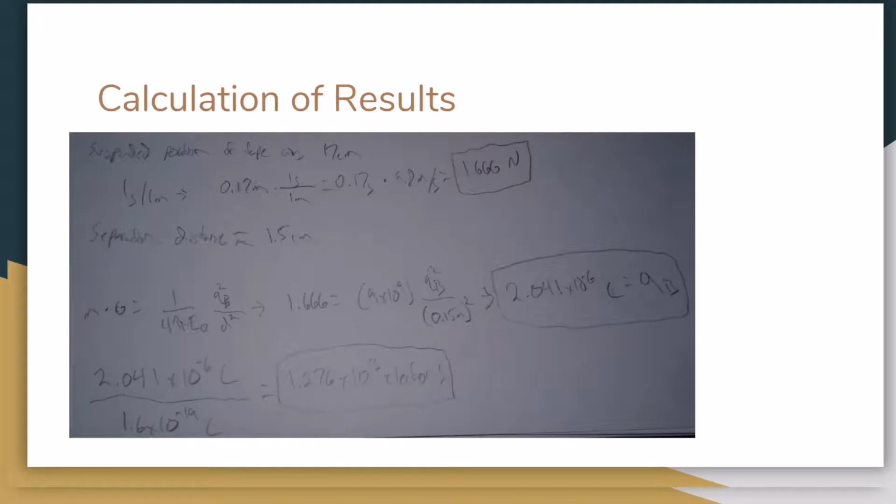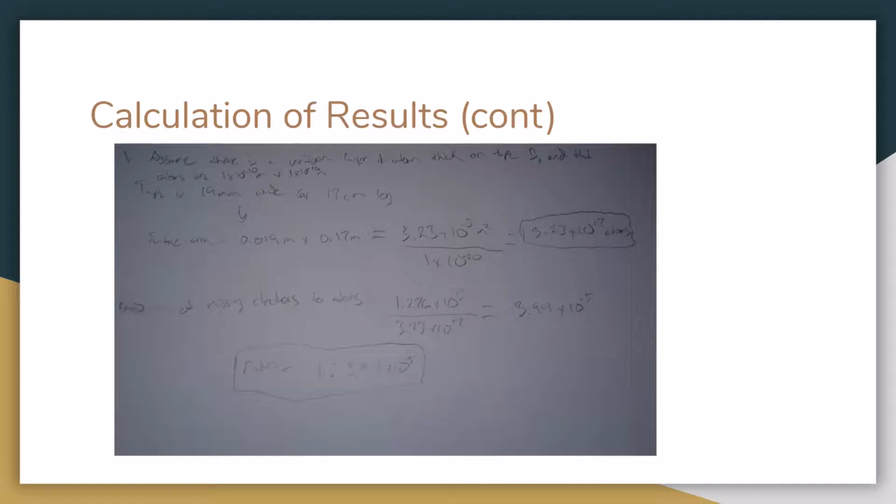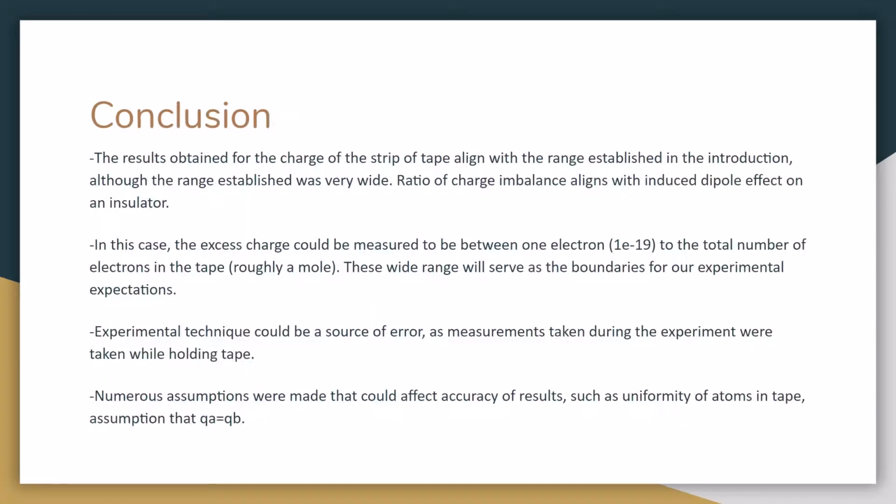Here we have the steps taken to calculate these results. In part B, we also assume that there is a uniform layer of atoms about 1 atom thick on the sides of the tape, and we estimate their size to get that ratio.